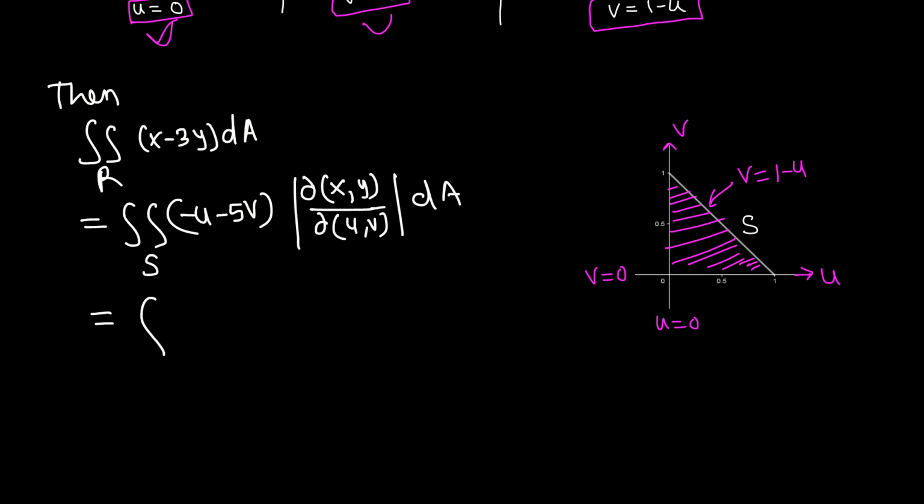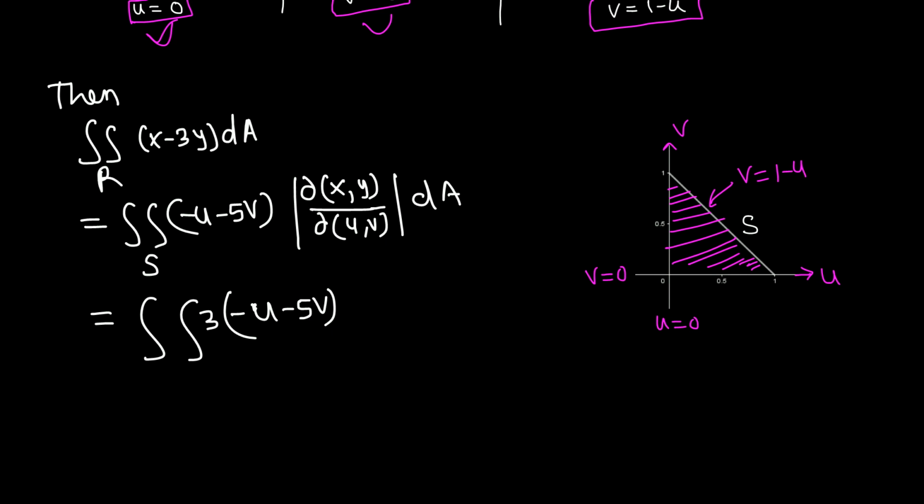So this is the same as, in terms of the new variables u and v, the integral of negative u minus 5v times the absolute value of 3, which is just 3, and we can pull it all the way outside. Now for dA over this region, we have two options: we can write du dv or dv du. It's up to you.